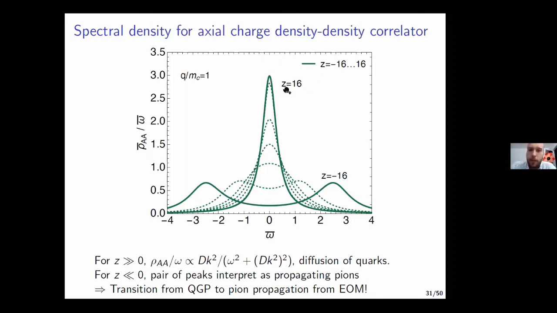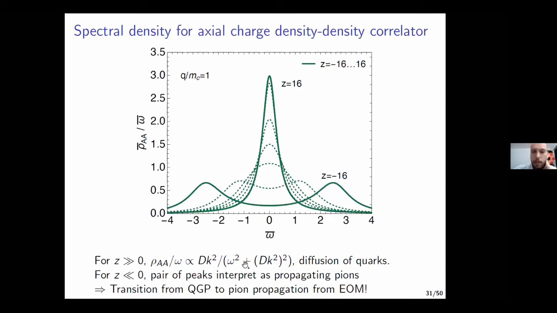If you first look at z equals 16, this is when you're in the unbroken phase, and you just have this one sharp peak in the middle. As you drive down z, towards negative values of z, the peak becomes less and less pronounced, and eventually you start seeing the formation of two peaks. For large negative z, you have these two peaks.